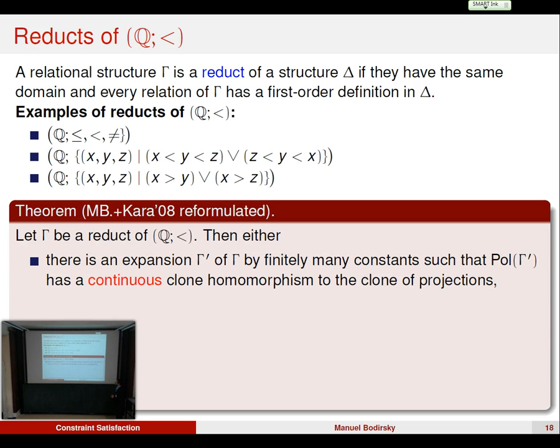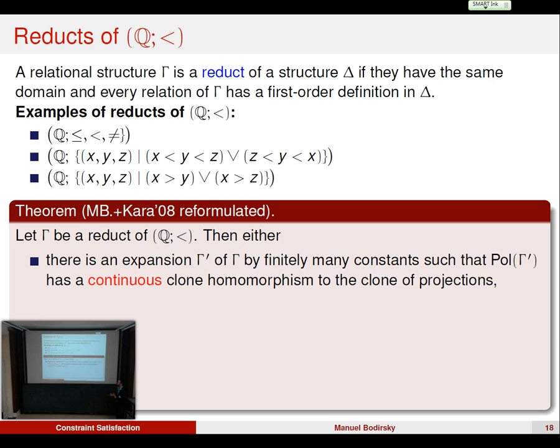And here we do have a complete theorem. So here also the algorithmic side is solved. So this is really now a complete theorem. Let gamma be a reduct of Q. Then there are two cases again. Either there's an expansion of your reduct by finitely many constants, such that the polymorphism clone of this expansion has a continuous clone homomorphism to the projections.